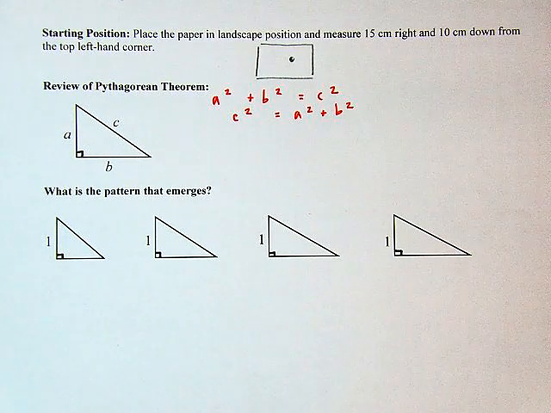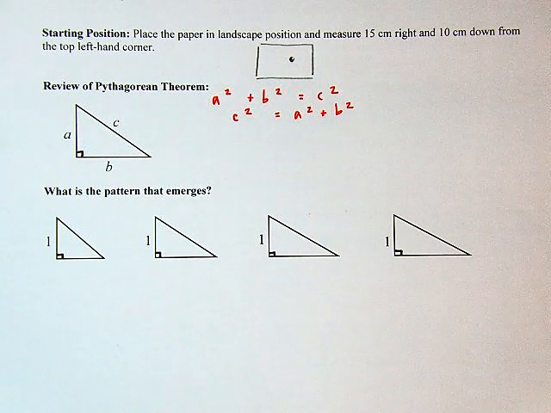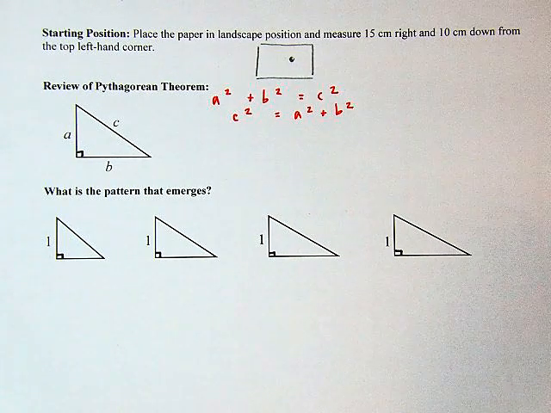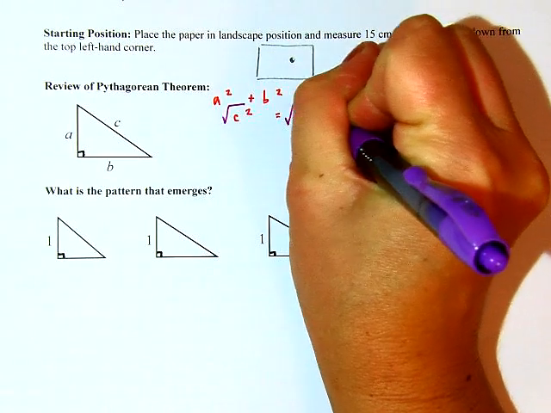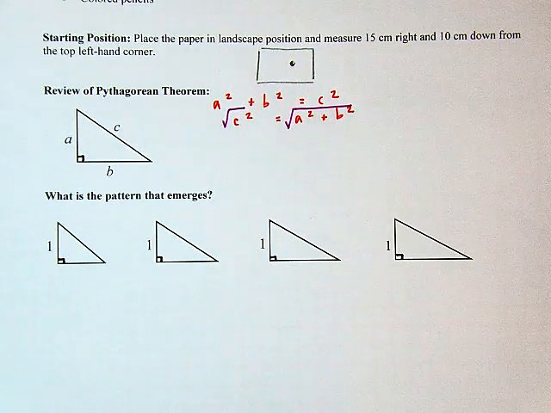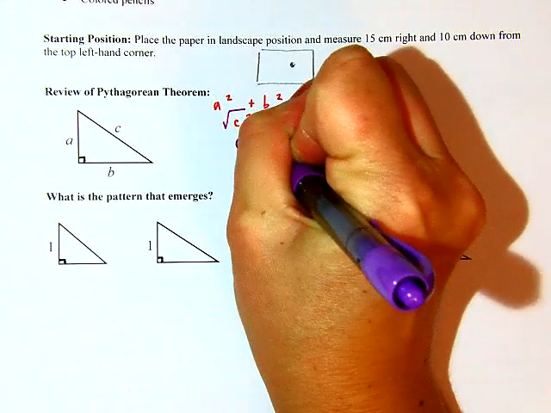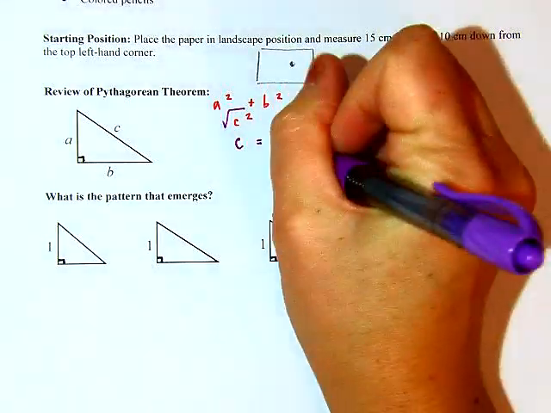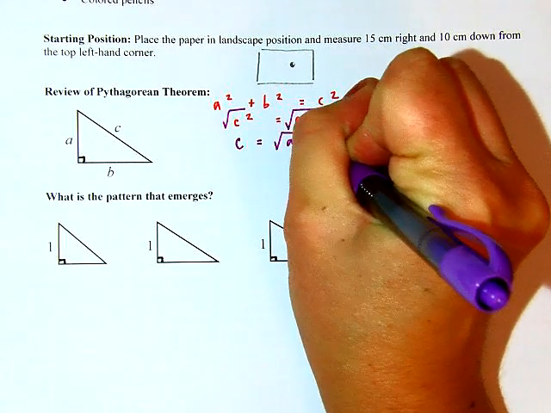They have to be in order to make a triangle. Then I can solve for c by taking the square root of each side. Taking the square root of a square unlocks it and leaves us with just c. So c, the hypotenuse, is equal to the square root of a squared plus b squared.